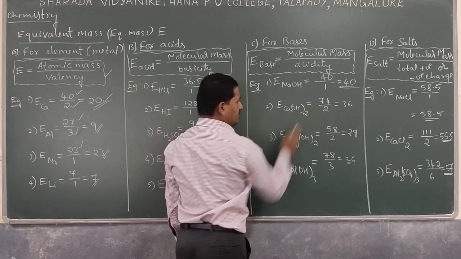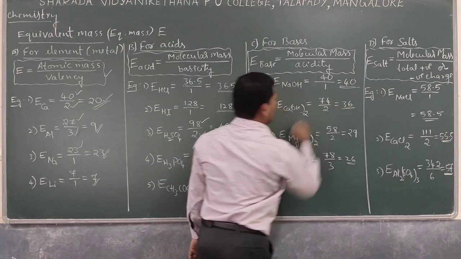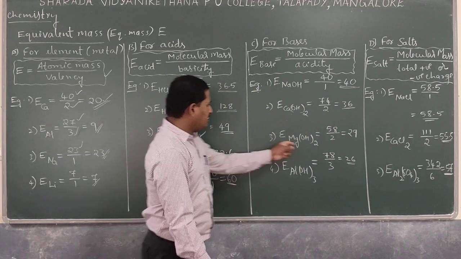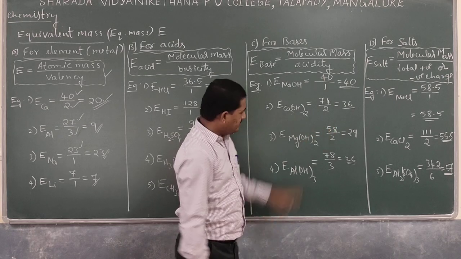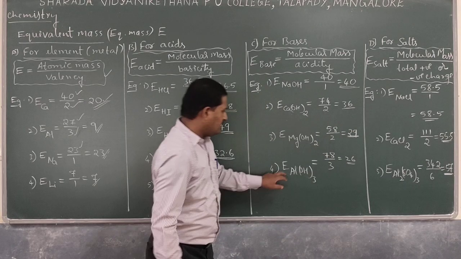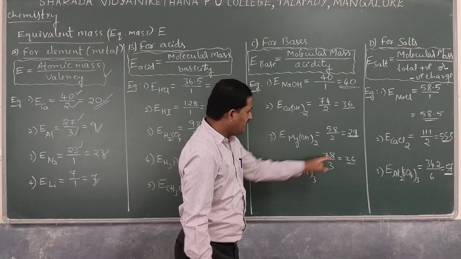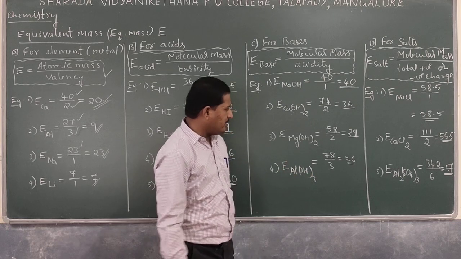Acidity of calcium hydroxide is 2, a diacidic base. So 74 divided by 2 is 37. Then magnesium hydroxide: molecular mass is 58, acidity is 2, since 2 replaceable hydroxyl groups are present, so it is 29. Then aluminium hydroxide is 78. 3 OH groups are present and 1 aluminium ion is present.